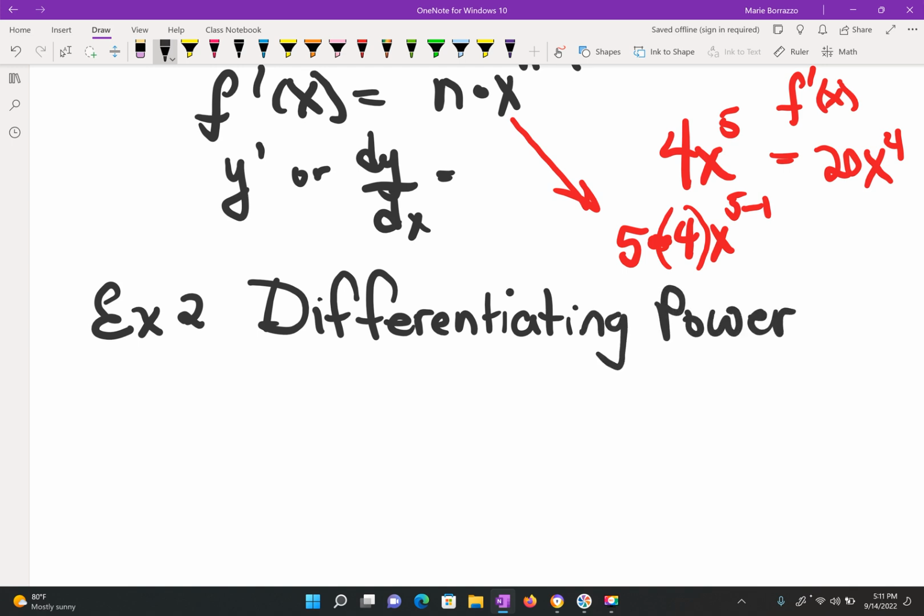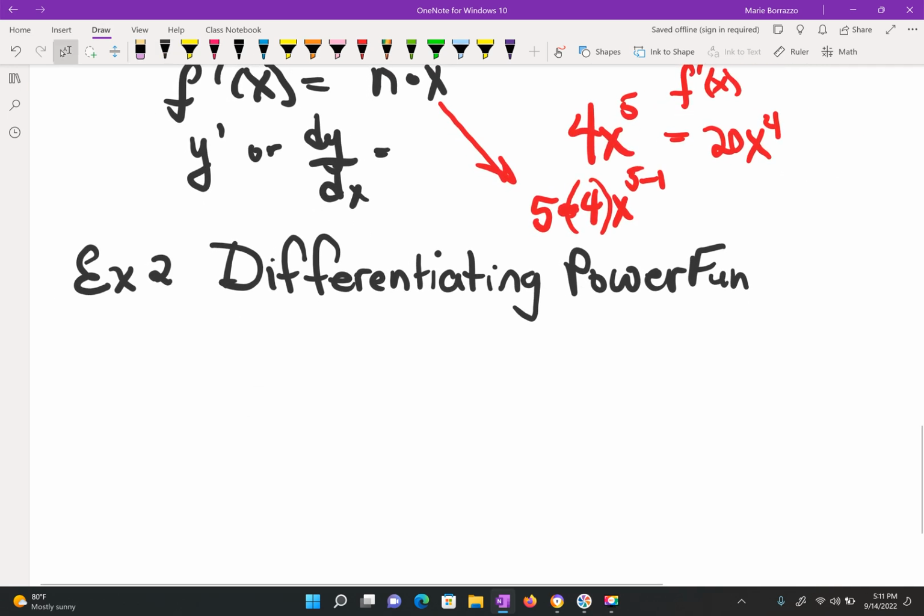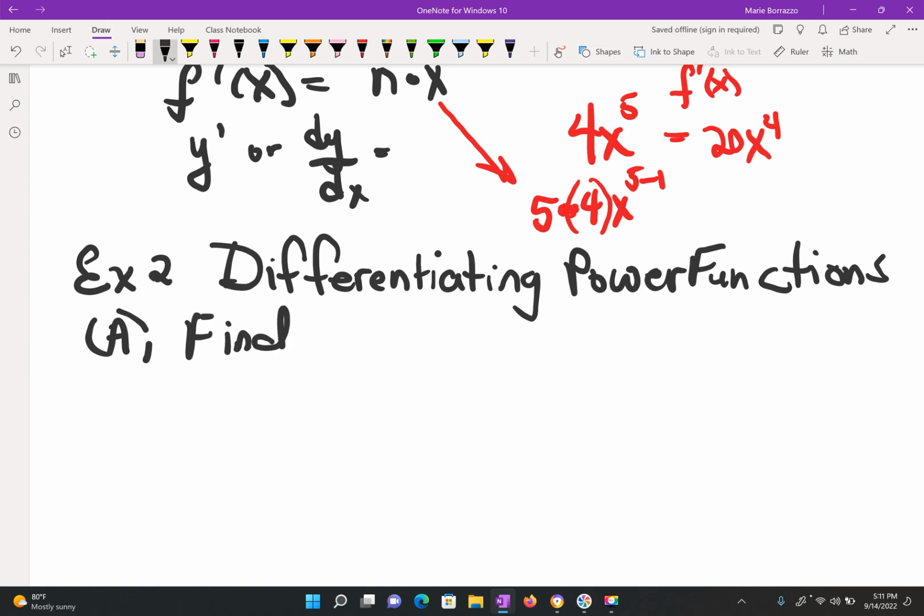And I do have a really good application question to share with you that we'll put it all together at the end. So hang tight for that one. In the question stem that I want you to pay attention to, it says find the first derivative, so f prime x, for f of x, where that is equal to x to the fifth.